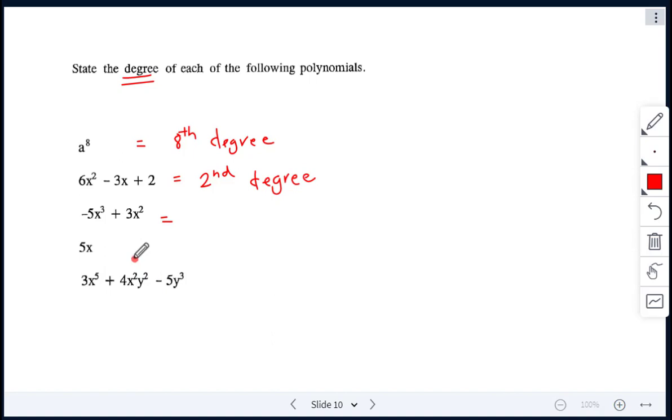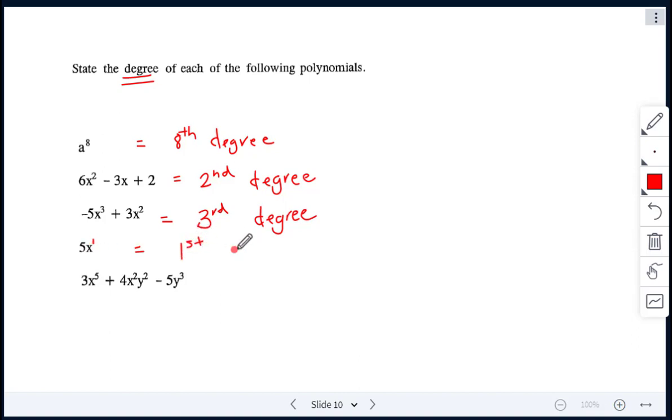All right, here we have our term here has an exponent of 3. This has an exponent of 2. So again, we use the highest exponent, so this would be a third degree. All right, 5x, first degree, because it's x just to the power of 1.